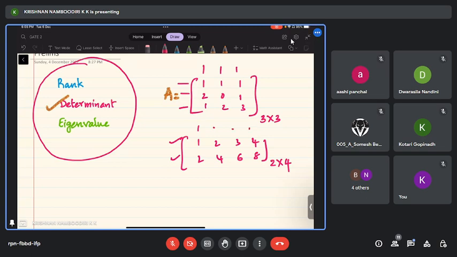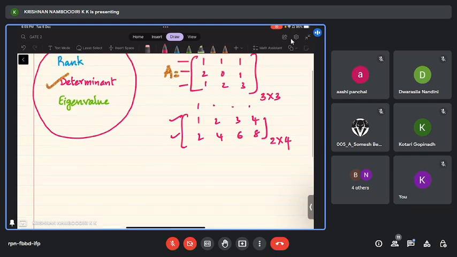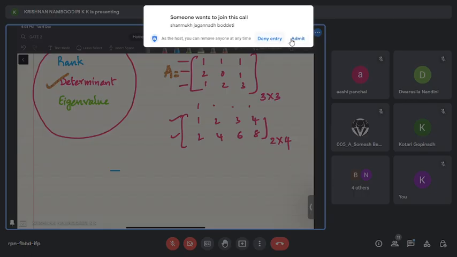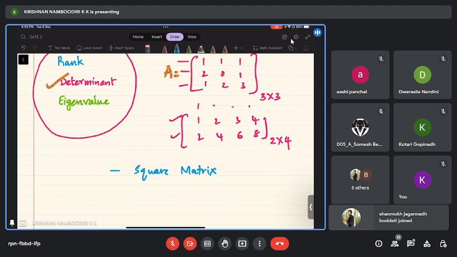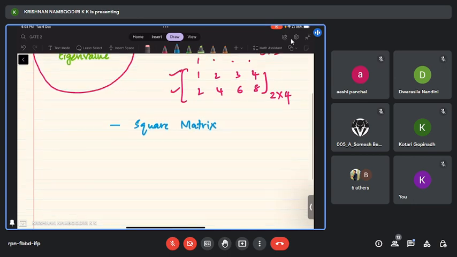So for a matrix, if the number of rows equals the number of columns, the matrix is said to be a square matrix, right? For a square matrix, we can define the determinant. You all will know how to calculate the determinant of a matrix. For a 2 by 2 matrix, there is a fairly simple way.